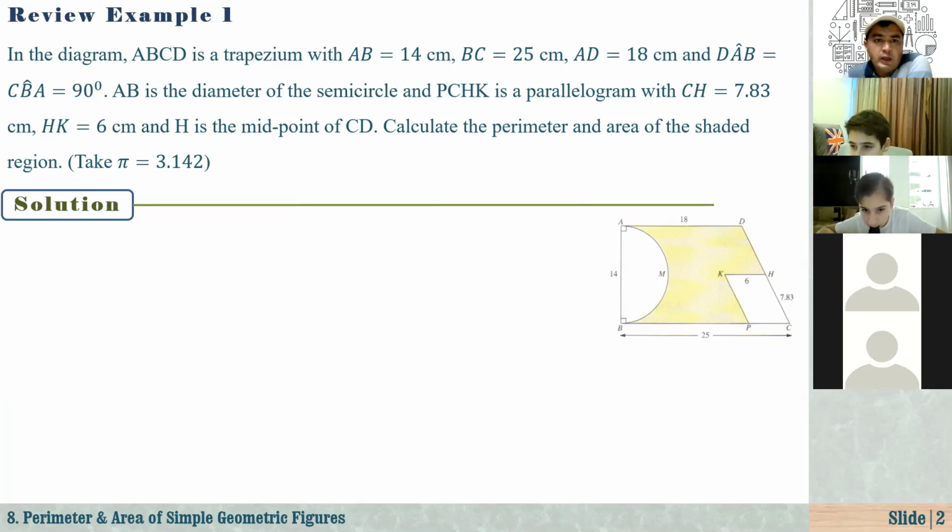Pythagorean theorem. No, Rahim, in the question it says that H is the midpoint of CD, right? So if H is the midpoint of CD and CH is 7.83, also DH must be 7.83. Ah, okay.